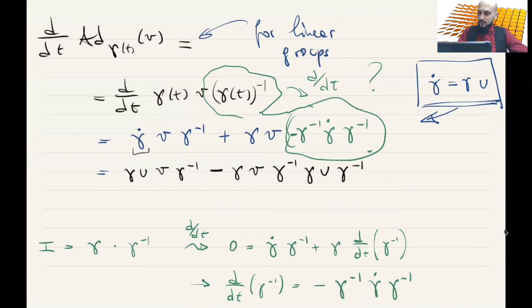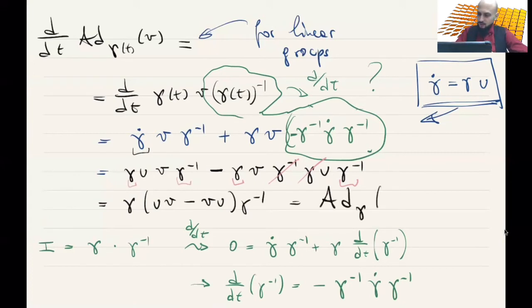Okay, now here is this simplification, and you see that everything is multiplied on the left by gamma and on the right by gamma minus 1. So what I have is equal to gamma (uv minus vu) gamma minus 1. And I can write this as the adjoint by gamma of the bracket between u and v.